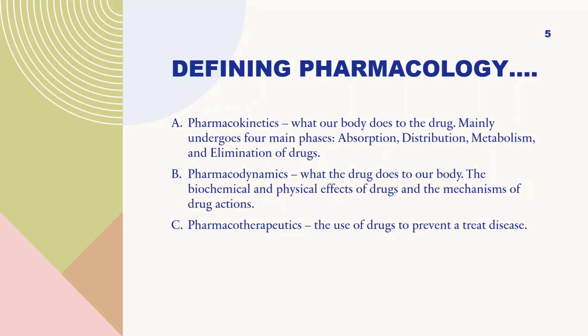Second one is pharmacodynamics, what the drug or the medicine does to our body. The biochemical and physical effects of drugs and the mechanism of drug action. So A and B might sound similar, but it's totally different. Pharmacokinetics, what our body does to the drug. Pharmacodynamics, what the drug does to our body.